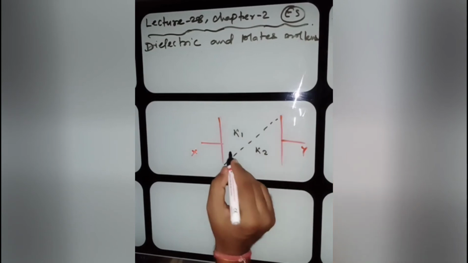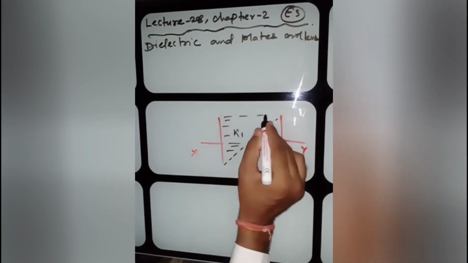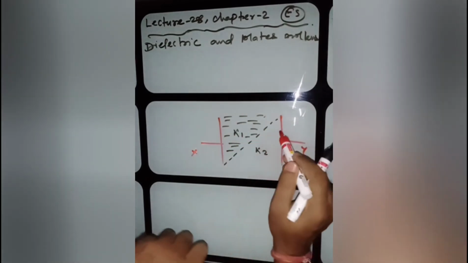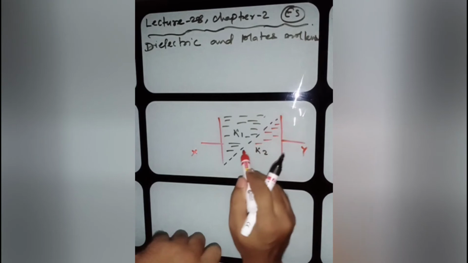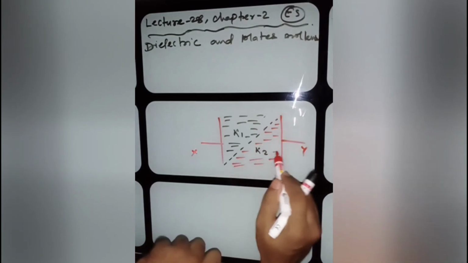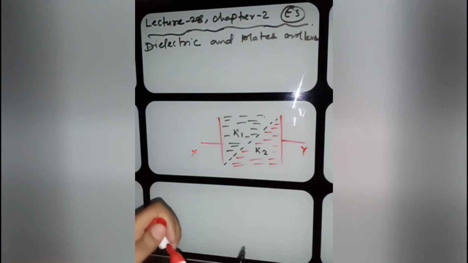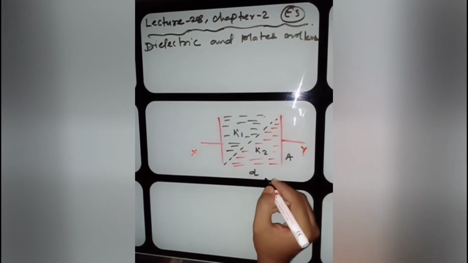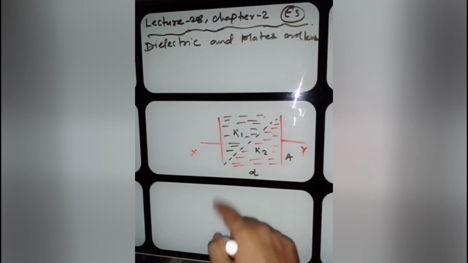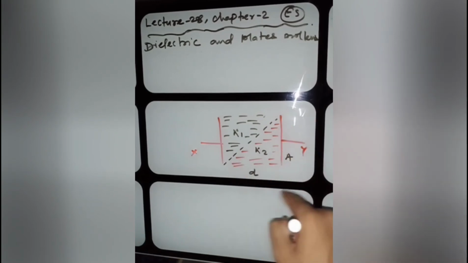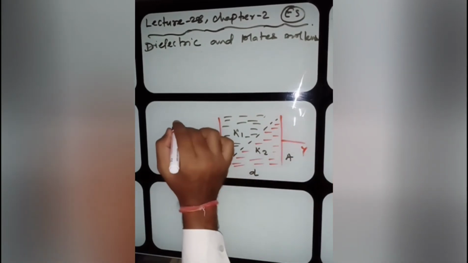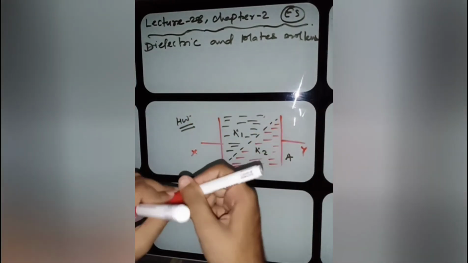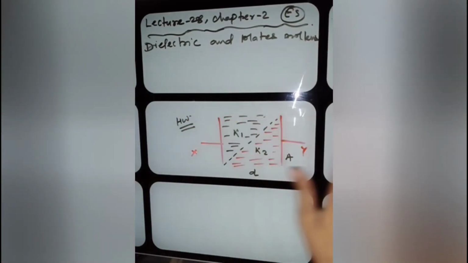K1 and K2. First dielectric, and this is the second dielectric. The plate area A, separation D, and diagonally the dielectrics have been changed. This is your homework. If you can solve, then you should show me after solving this question, my dear students.